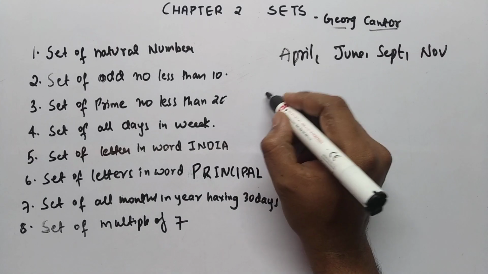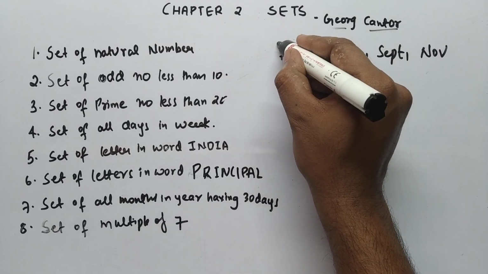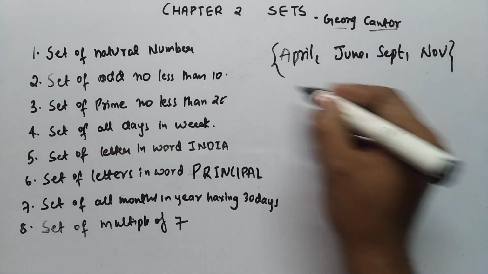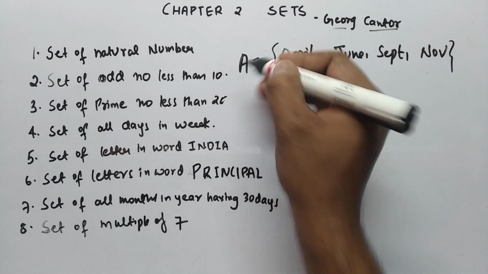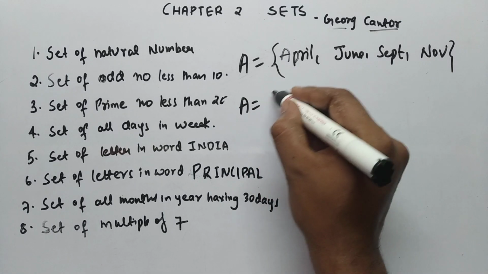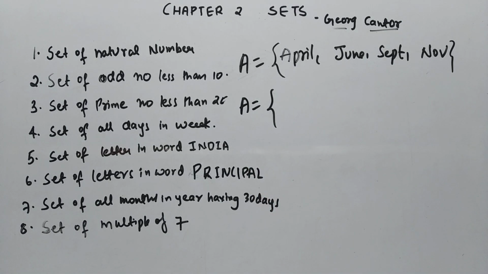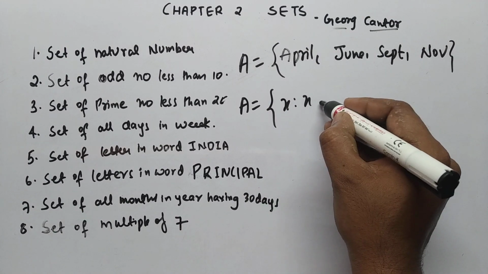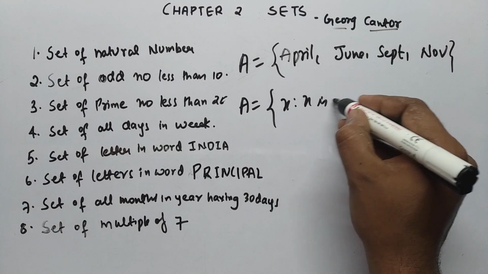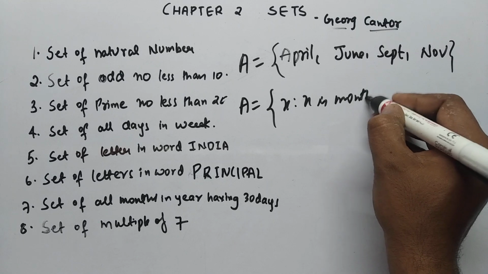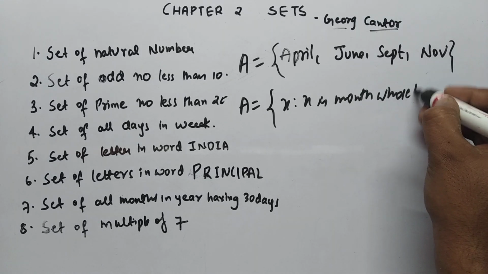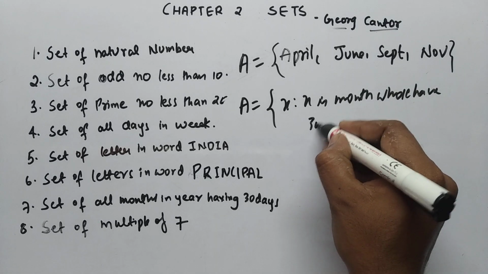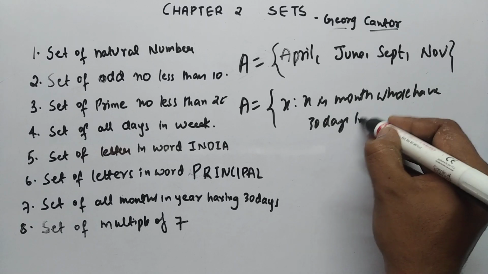If you want to represent them in roster form, you put them inside curly braces and give the set a name. In set builder form, you write x such that x is a month which has 30 days in a year.